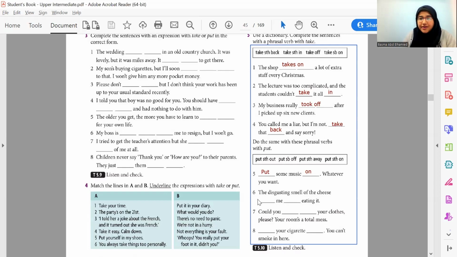Put me off eating it. Number 7, could you put away your clothes, please? Your room's a total mess. Number 8, put your cigarette out. You can't smoke in here.